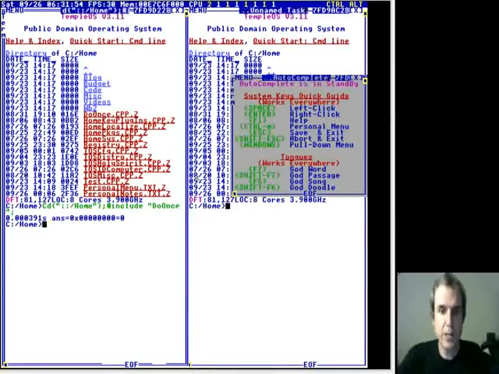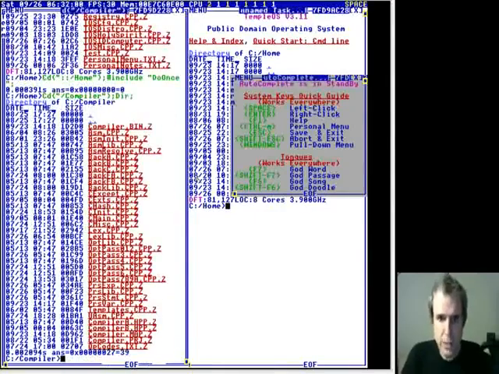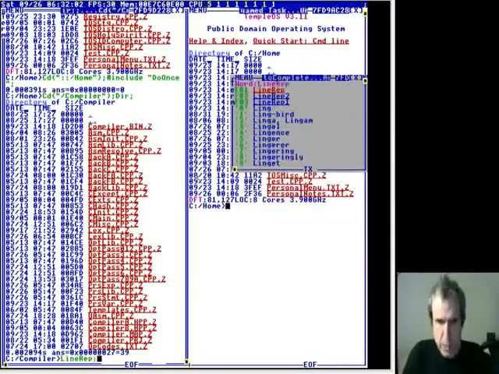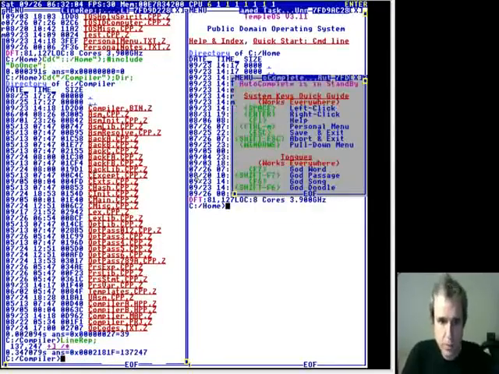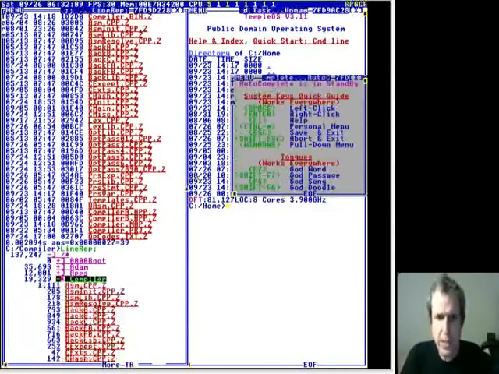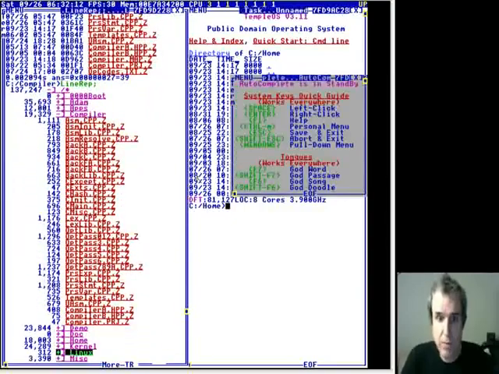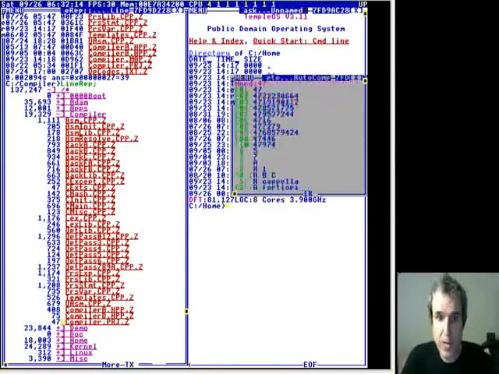Okay, I'm going to tell you about the TempleOS compiler. So it's 20,000 lines of code. It has an assembler for x86 64 and an unassembler.